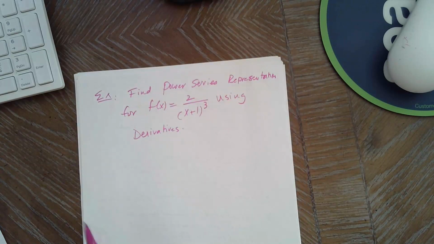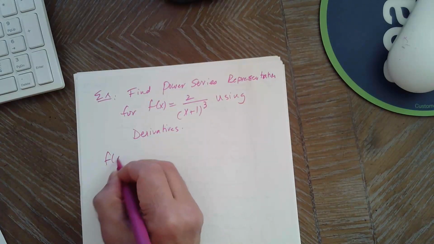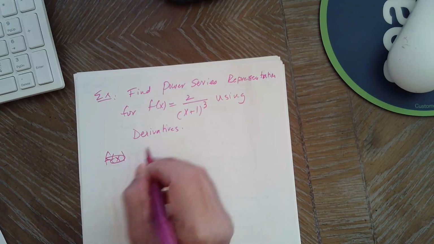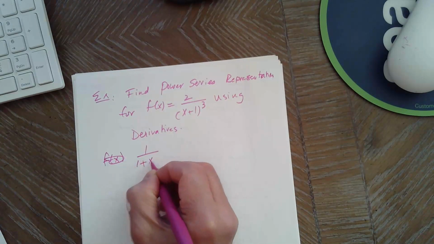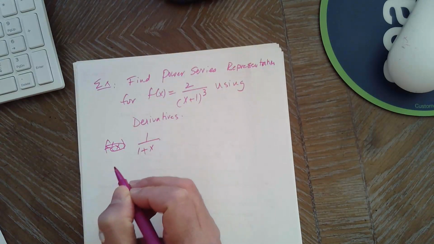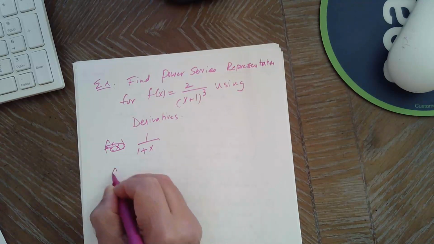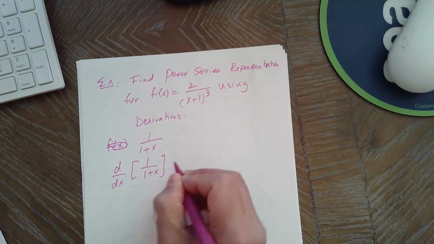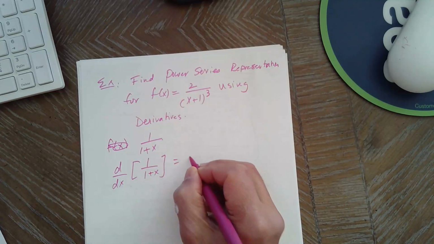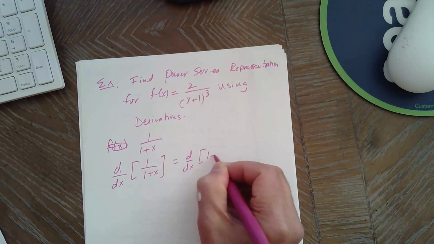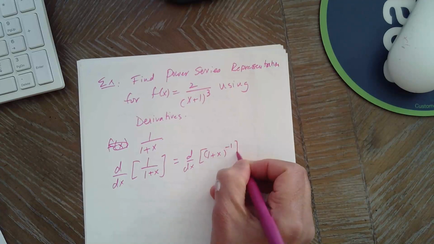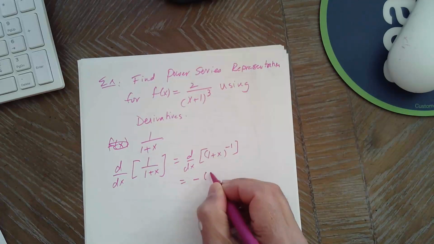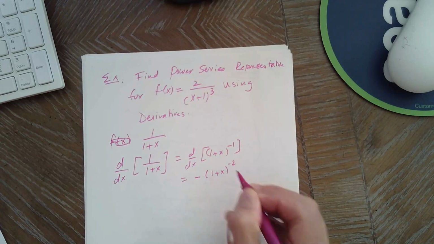Well, we know a representation for 1 over 1 plus x, right? If you find its derivative, what's the derivative of 1 over 1 plus x? It's the derivative of (1 plus x) to the negative 1, which is negative (1 plus x) to the negative 2.